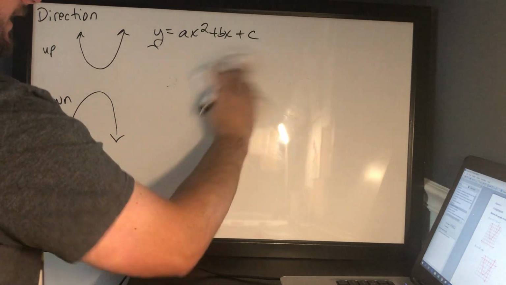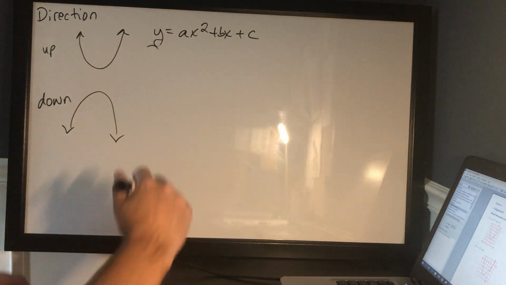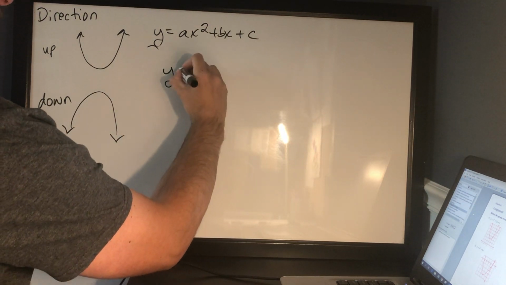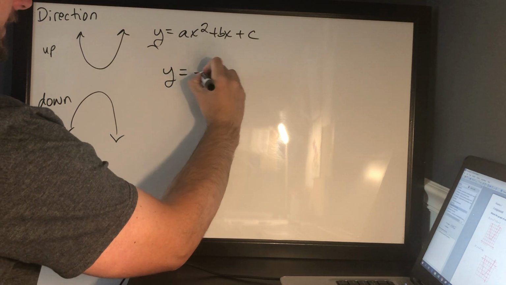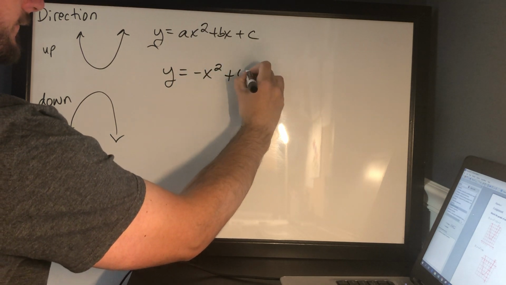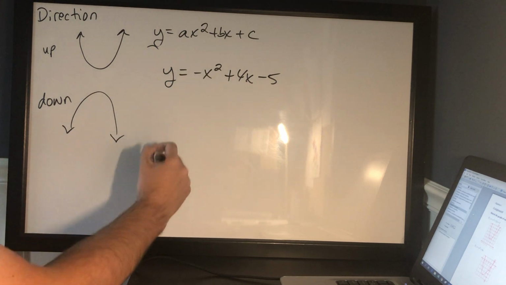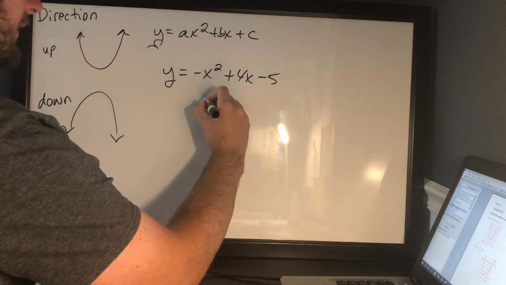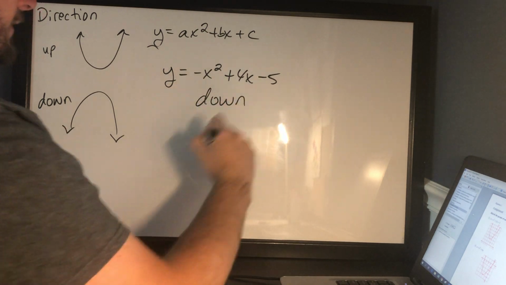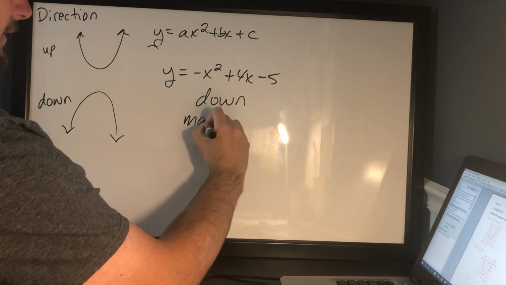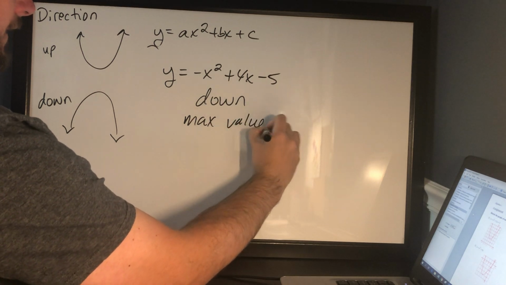All right? So the last example for this, for identifying which direction your function is going to open, is y equals negative x squared plus 4x minus 5. Okay, in this case, a is -1, and since we have negative, it opens down, and it also has a maximum value.